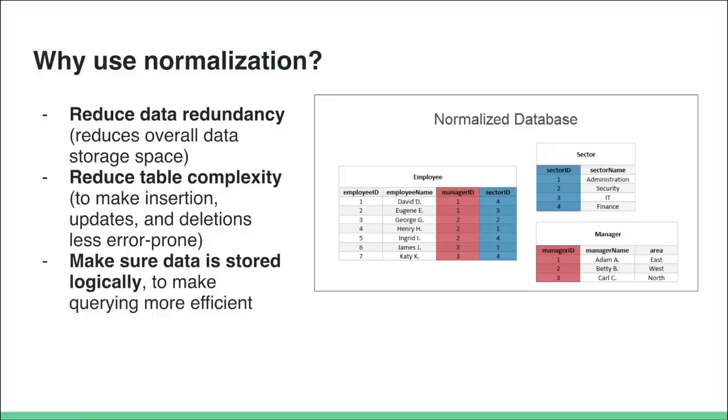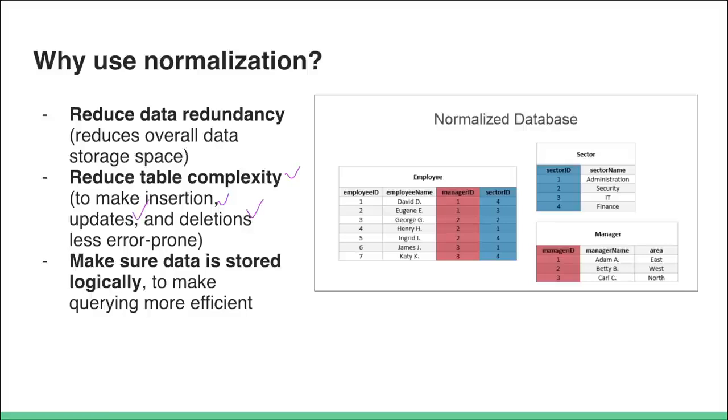Now, generally, you want to use normalization to reduce data redundancy, as we touched on before, and to reduce table complexity. If you have a database divided into multiple smaller tables rather than one big table, then overall we're going to have less complex tables, and this makes insertions, updates, and deletes less error prone.